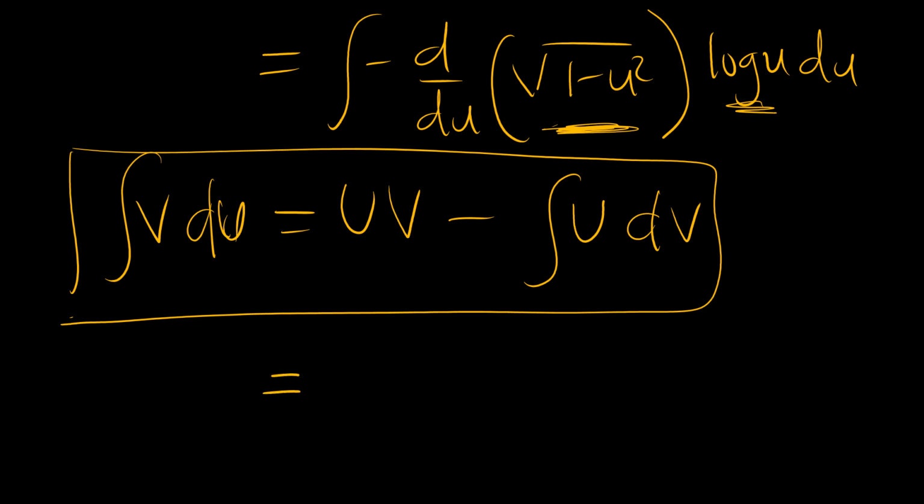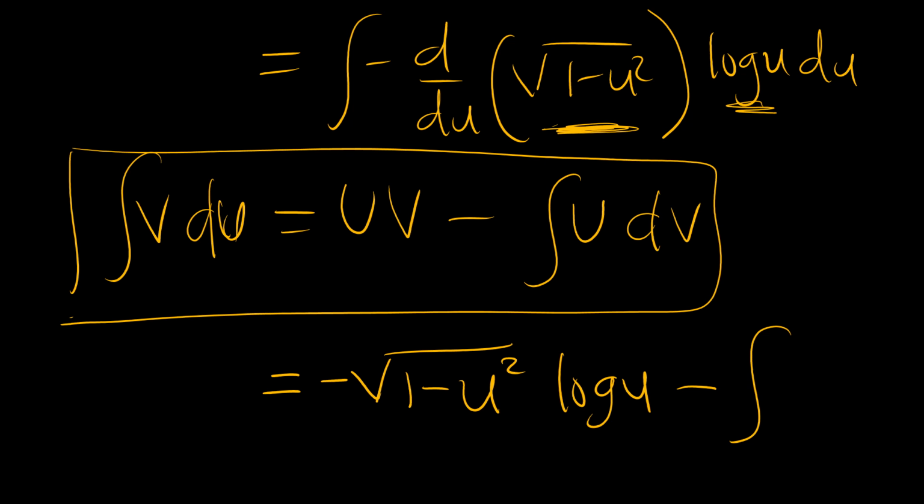So our integral now becomes negative the square root of 1 minus u squared times the natural logarithm of u, minus negative, which becomes positive, the square root of 1 minus u squared times 1 over u, which is the derivative, du. Just so that this is not confusing us, du is hiding there.